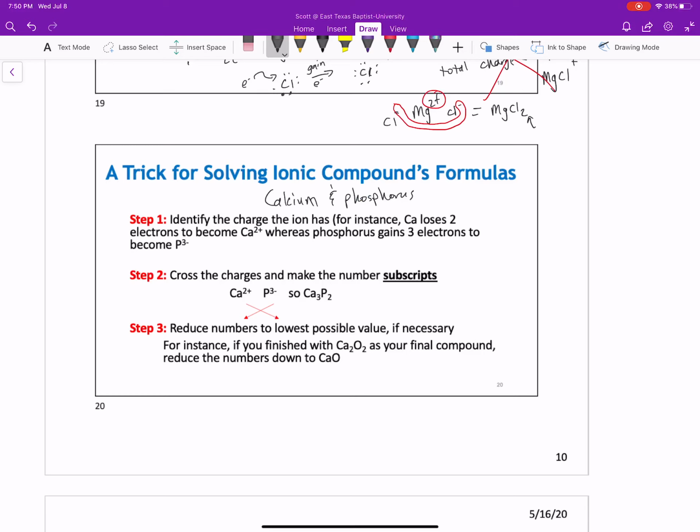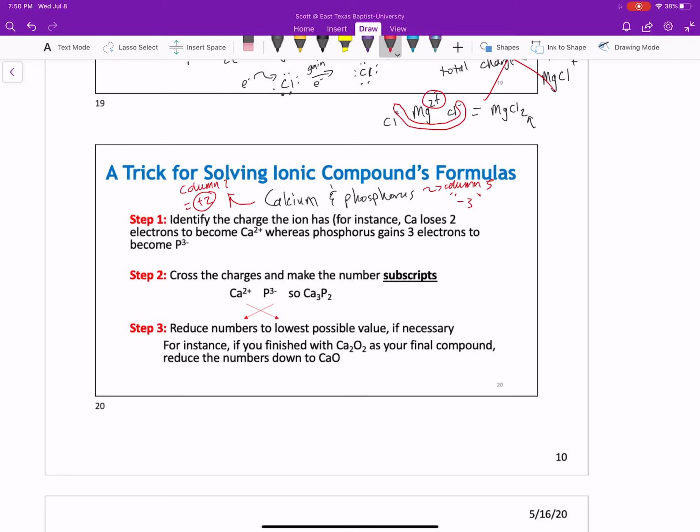Well, you know calcium is in group 2, or column 2. So it's going to take on a plus 2 charge. And phosphorus is in column 5, which means it'll take on a -3 charge.